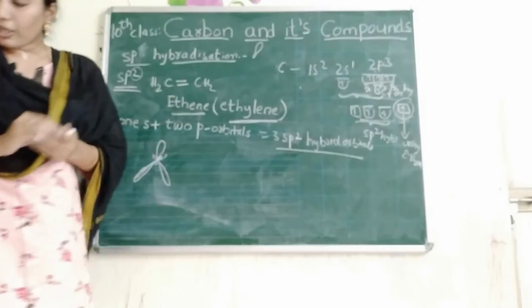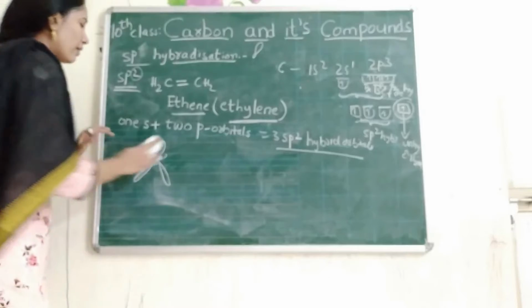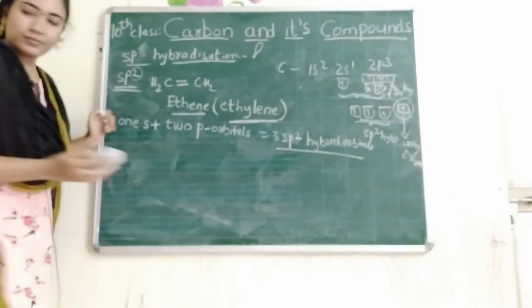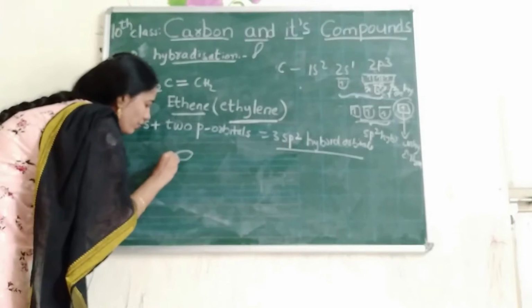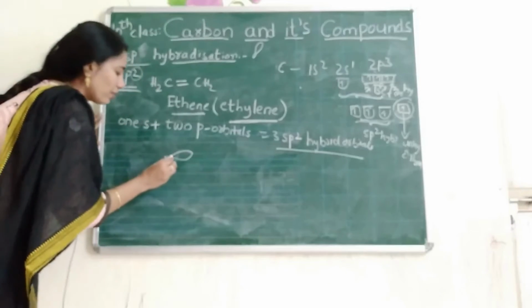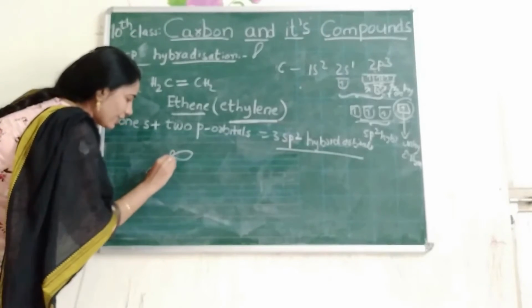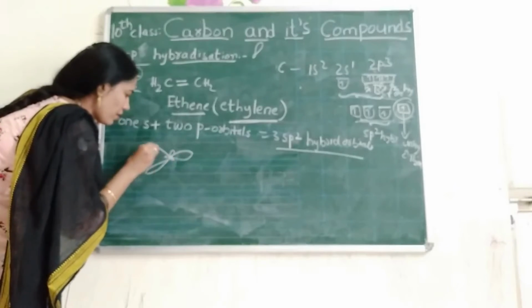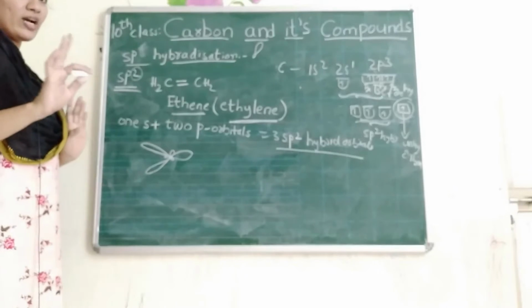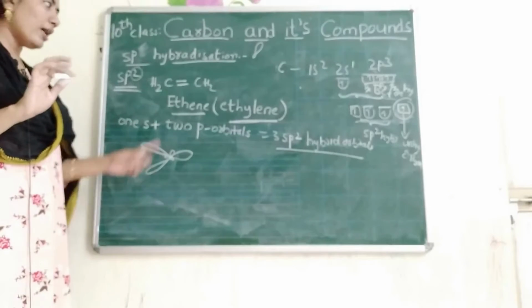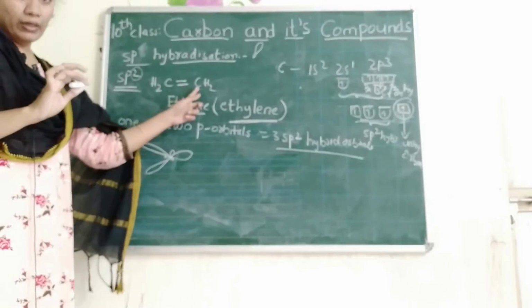I am coming to this carbon. For my convenience I am drawing like this. One sp2 hybrid orbital of carbon, next the other sp2 hybrid orbital, the other sp2 hybrid orbital. 1 2 3 sp2 hybrid orbitals of this carbon.